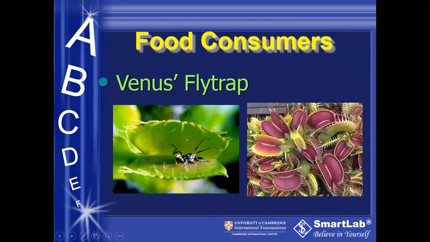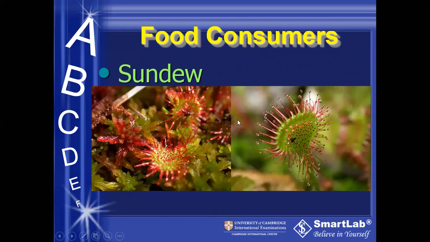For the Venus flytrap, on the leaves, you can find hairs lying on the leaves. When the insect makes contact with the hair, it can trigger the leaves to snap shut. For the sundew, the leaves are covered with tendrils. It's covered with sweet liquid that helps to attract the insects.